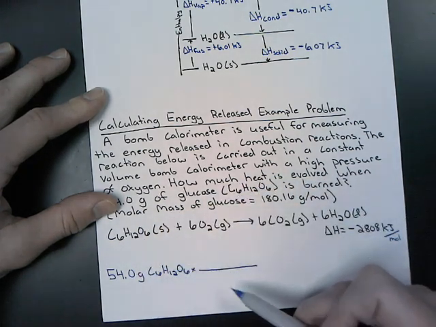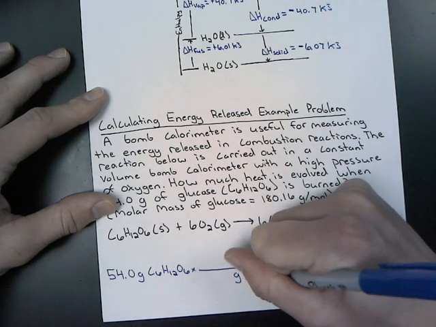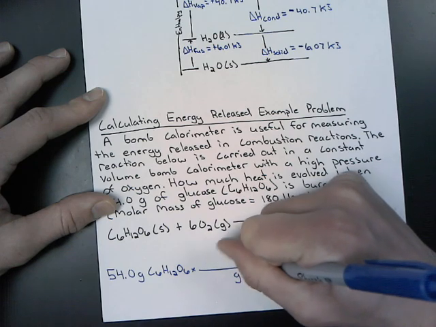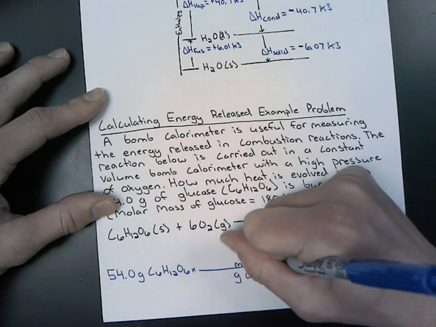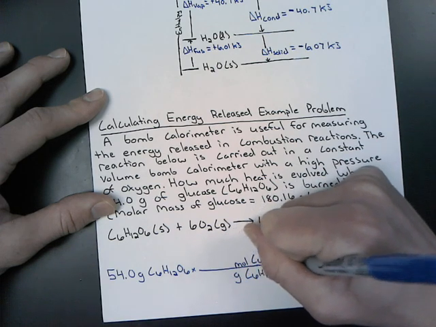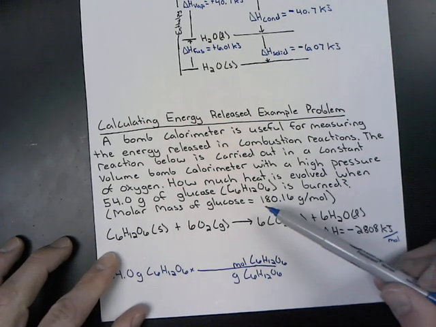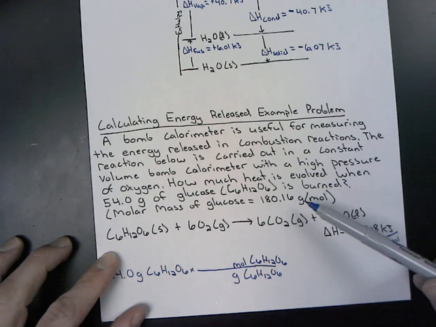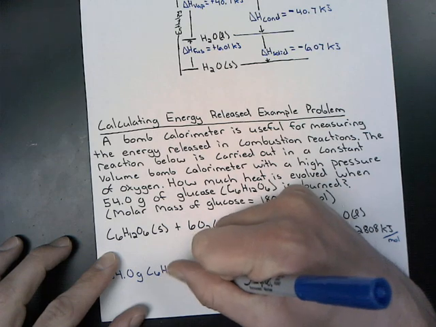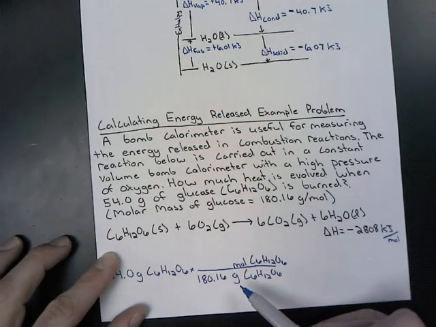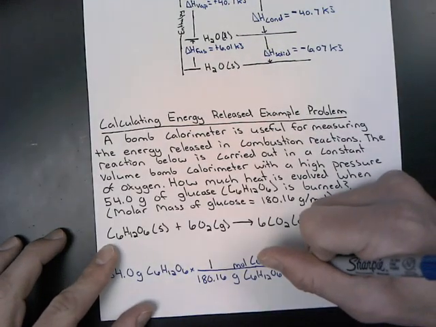Again, diagonals cancel, so we end up with grams of C6H12O6 on bottom, and then on top we put moles of C6H12O6. Now our gram to mole, our molar mass, is listed right here. This 180 number, the big number, is always associated with grams, so we put 180.16 right there with grams, and then on top, that's for every 1 mole.